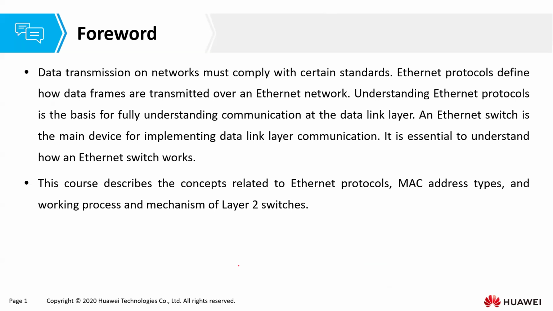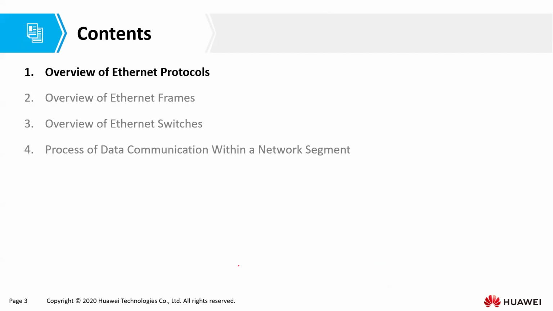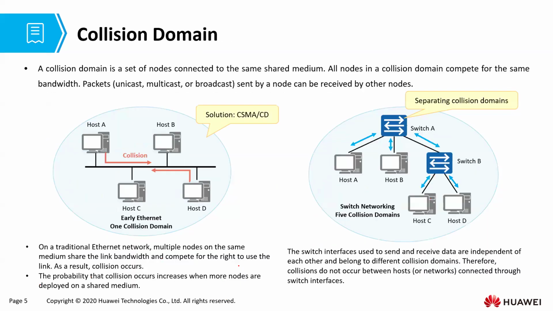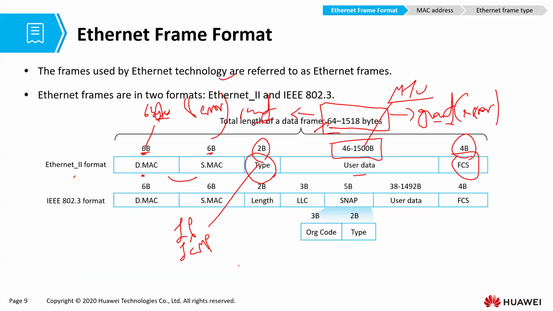A MAC address is a unique, physical identifier of every host, every NIC. Then from there you have to understand how a switch works. Understanding how a switch works, you have to get the learning, the flooding, the forwarding, and the discarding part.